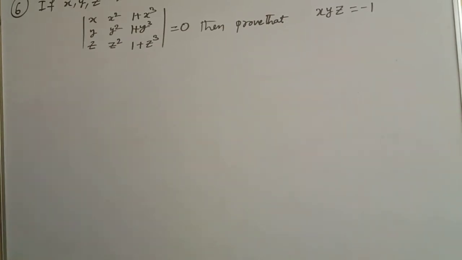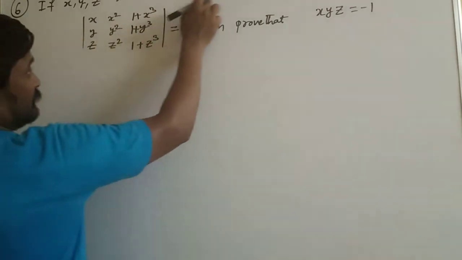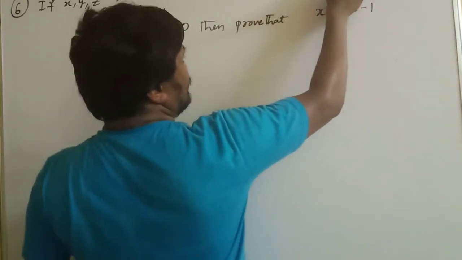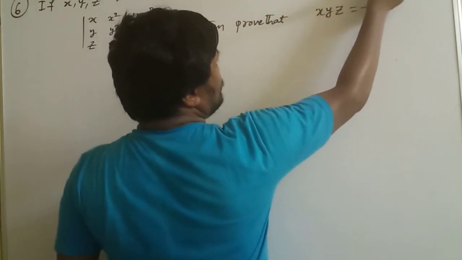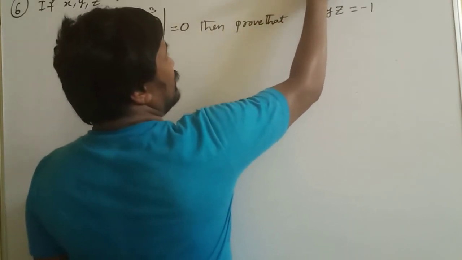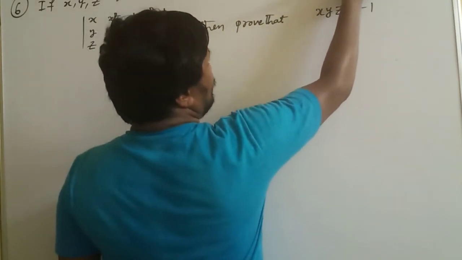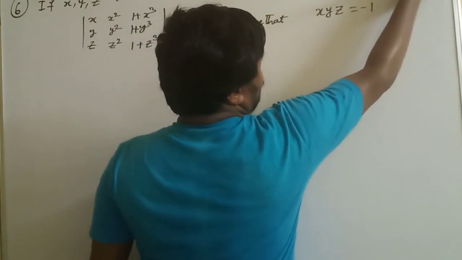If X, Y, Z are different and real, what does different and real mean? It means X is not equal to Y is not equal to Z. In other words, X minus Y is not equal to 0, Y minus Z is not equal to 0, Z minus X is also not equal to 0.